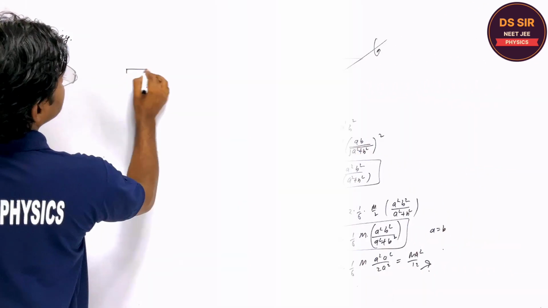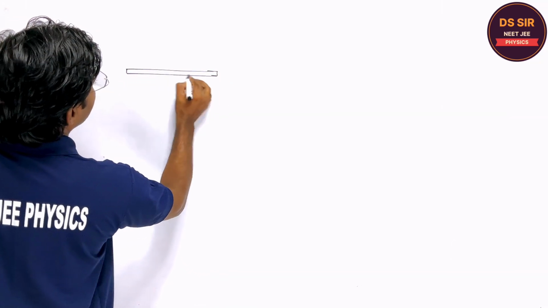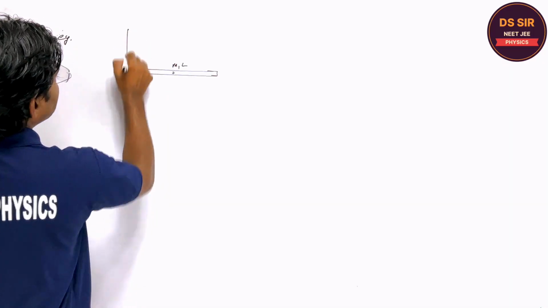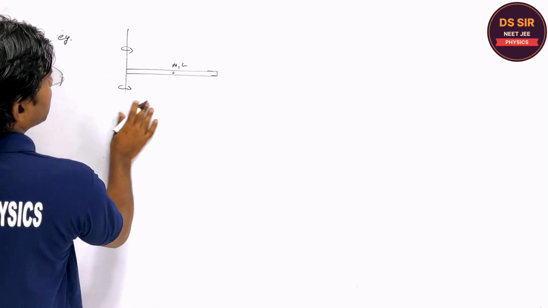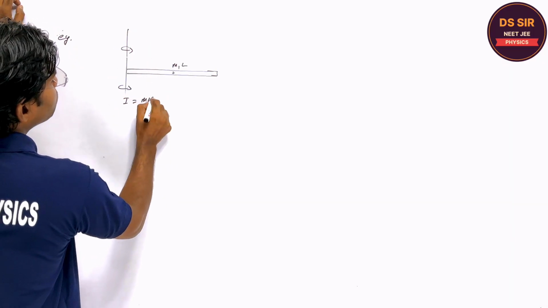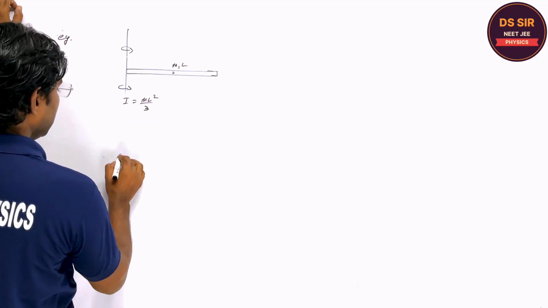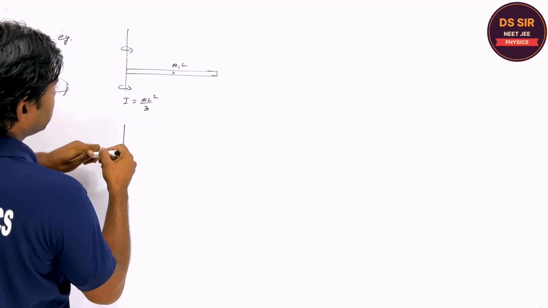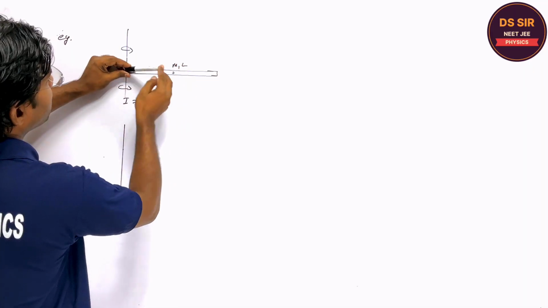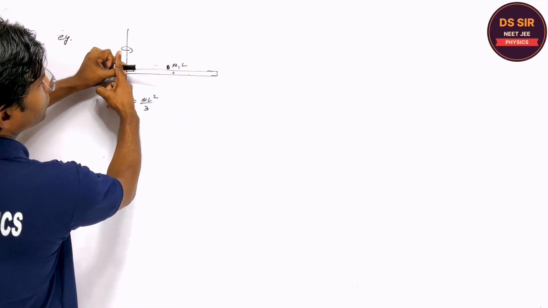Copy this. Suppose this is the rod of length L, mass m. What is the moment of inertia about this axis? Tell. Say ml square by 3. Right. Now, initially this rod is rotating like this. This is the axis of rotation.